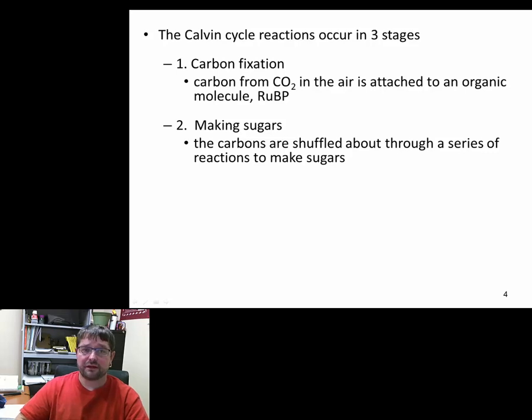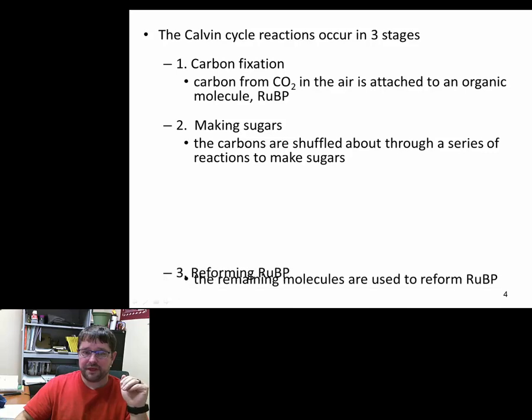Then, through the process of shuffling carbons around, breaking bonds, reforming bonds, and adding phosphates to the molecule, sugars are made. Particularly, glucose is made.